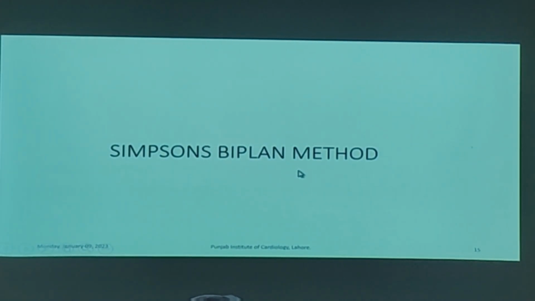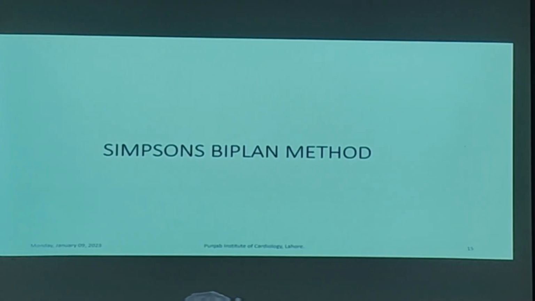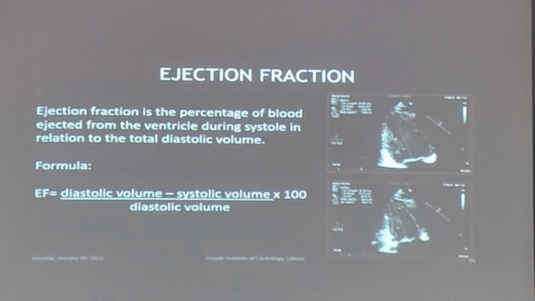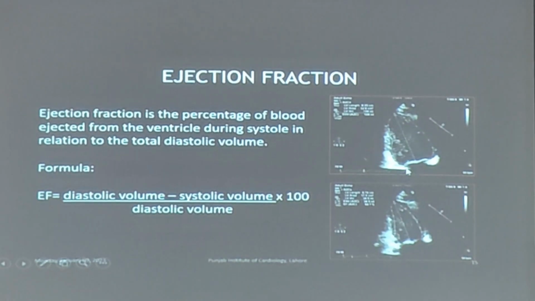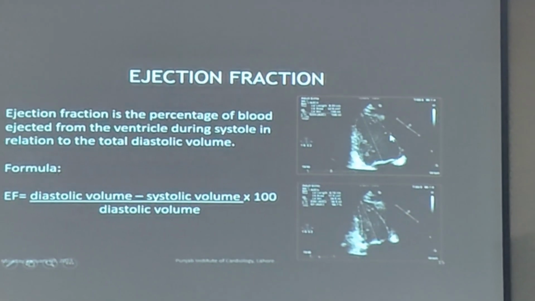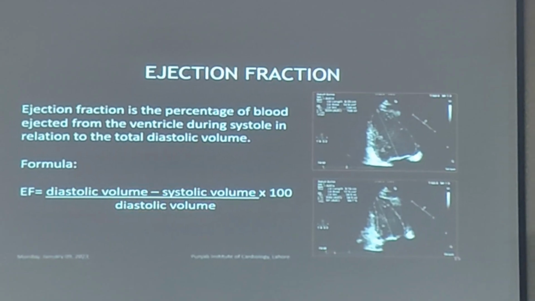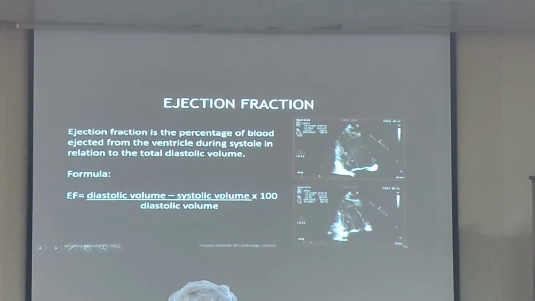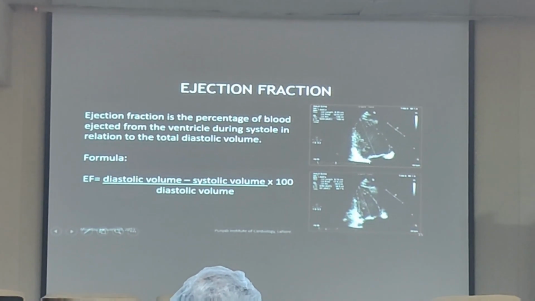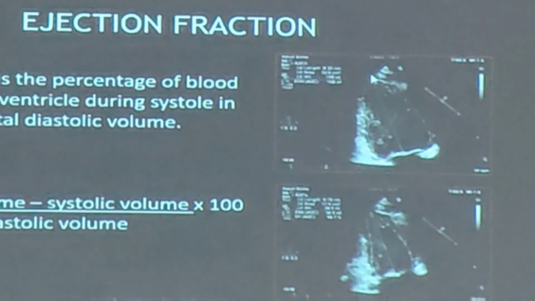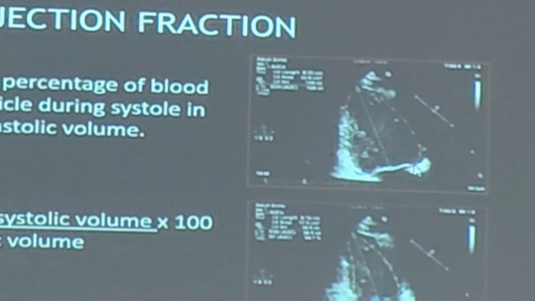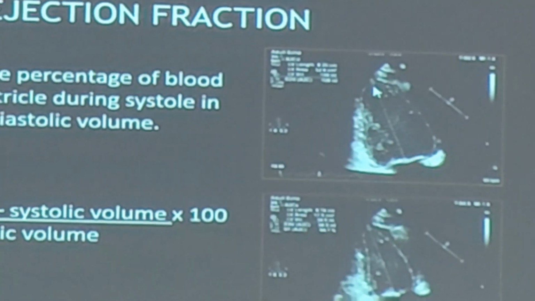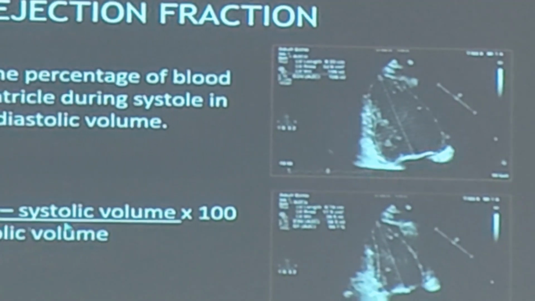And of course, there is the Simpson biplane method for the calculation of the ejection fraction. Actually, it is an area and volume method. We take the apical 2-chamber and 4-chamber views. We visualize the LV and start measuring the LV area from the tip of the mitral valve annulus, moving our cursor along to encircle the whole LV, excluding the papillary muscles and the trabeculations, in systole and likewise in diastole.